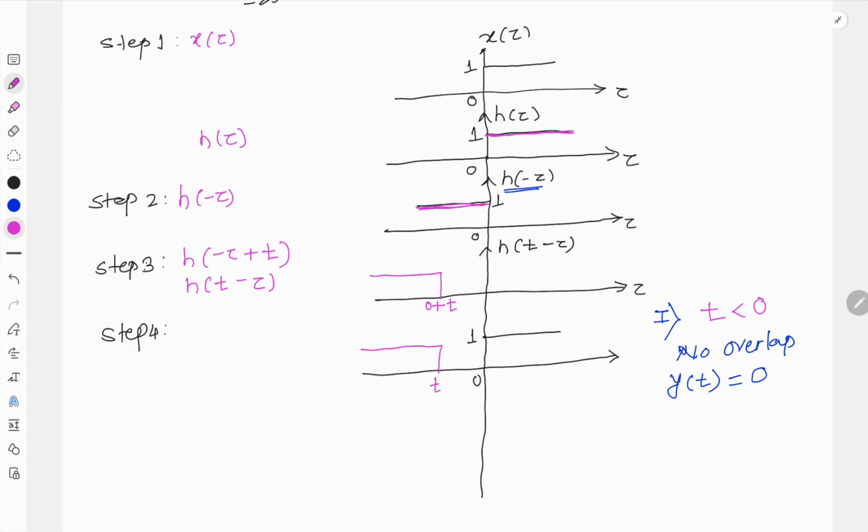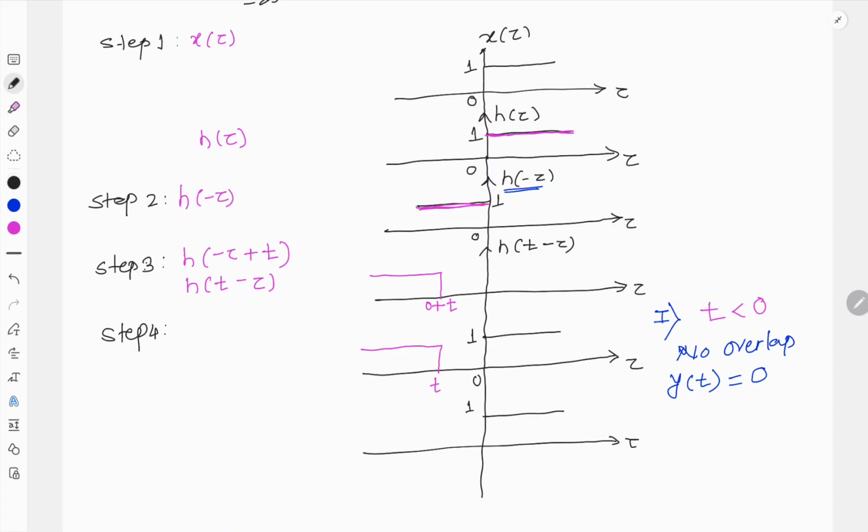Now the next step, in this step 4 only, we are going to shift this h of t minus tau signal step by step towards the right-hand side and check the overlapping region. So next I will draw the next shifted version of this signal, x of tau with amplitude 1 as it is.